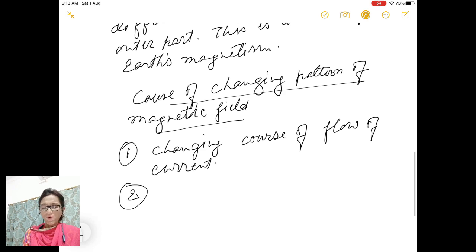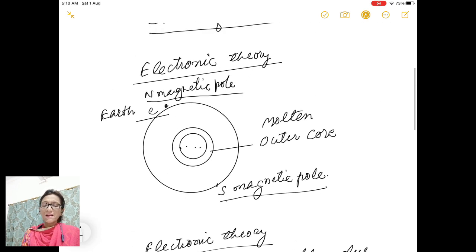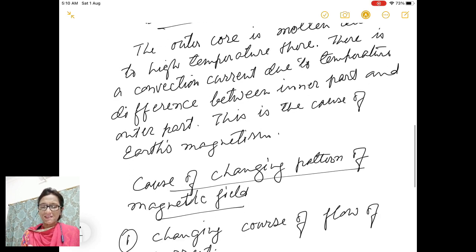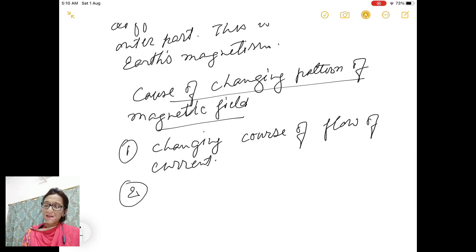And there is one more reason: when solar flares, solar charges reach our poles, they act upon these poles, and in return the field of the magnetic poles is also affected by these moving charges. So this may be another cause of the changing pattern of the magnetic field.